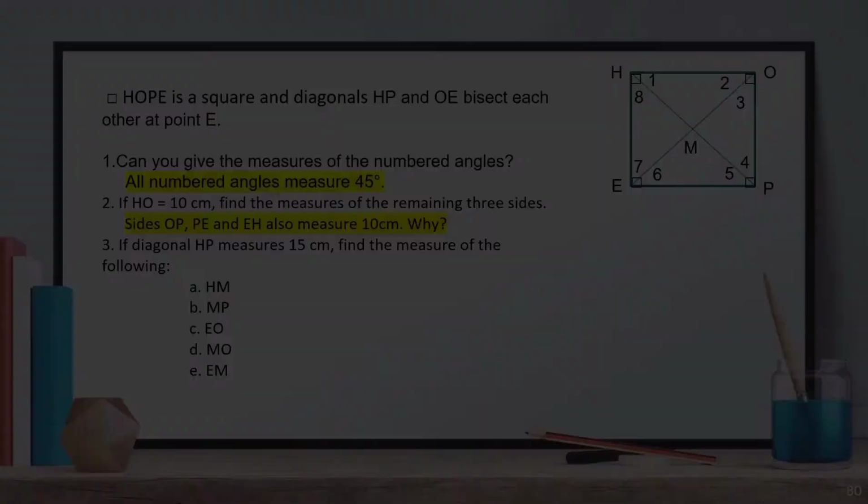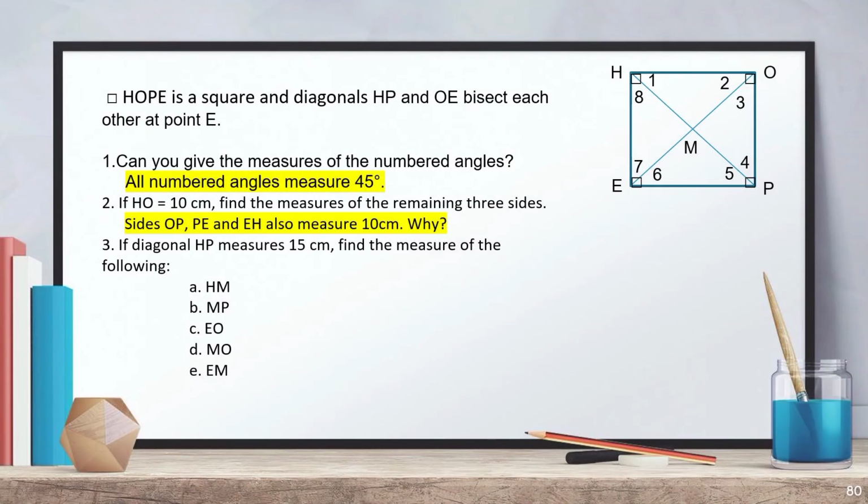Question number 3. If diagonal HP measures 15 centimeters, find the measure of the following: HM, MP, EO, MO, and EM. Of course, HM is only 7.5 centimeters. It is 1/2 of diagonal HP. MP still measures 7.5 centimeters.